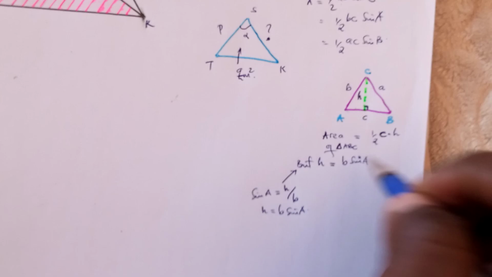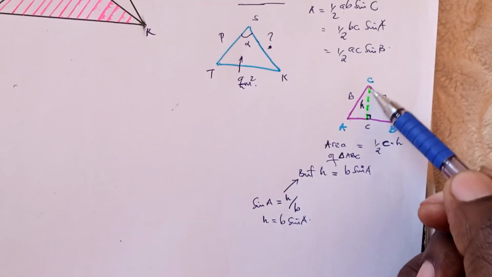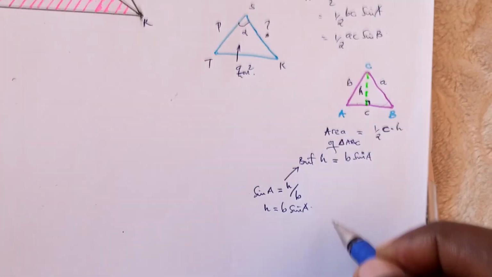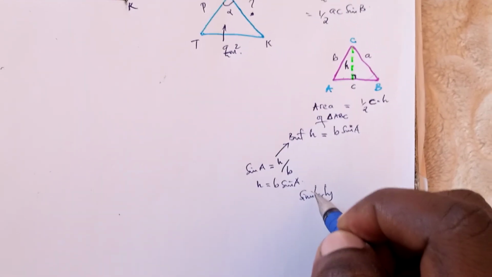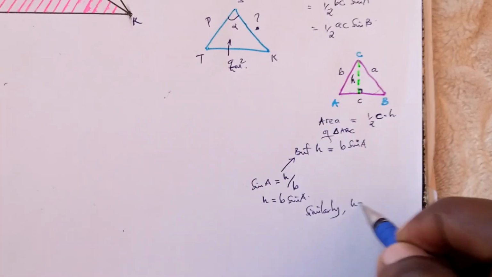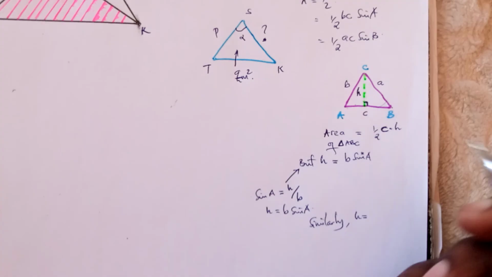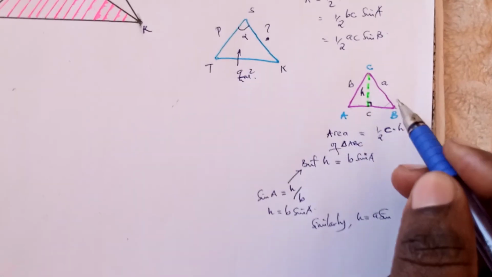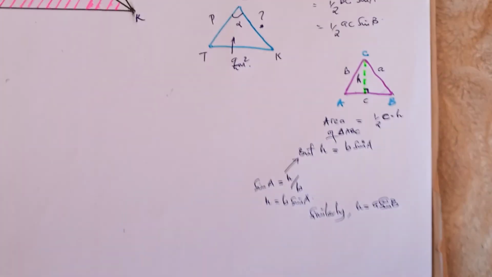Now we've been looking at this triangle only. Looking at h from another perspective, looking at this triangle, we can see that similarly, h, this is A now, the hypotenuse now will be A, sine, the angle now is going to be B, using the same approach.